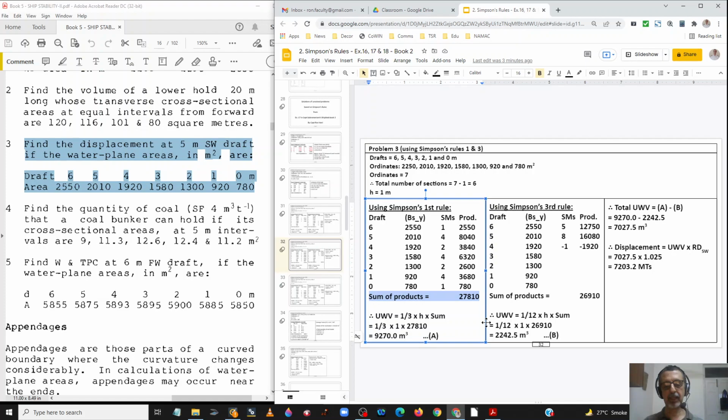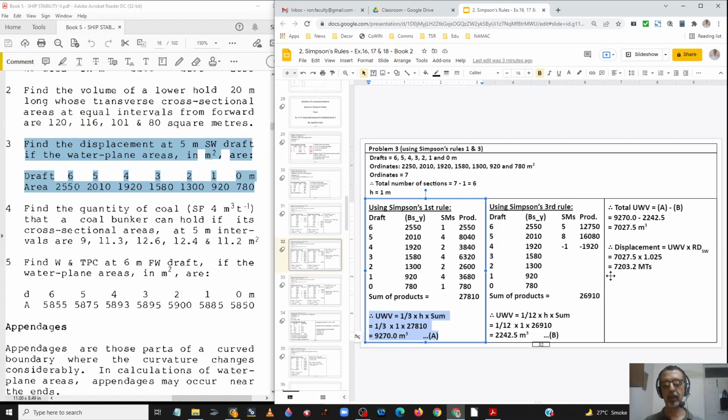Therefore, the underwater volume basis Simpson's first rule is 1 upon 3 into H into the sum of the products, and when we substitute the values for H and the sum of products, we get that equal to 9270.0 cubic meters, and that I'm going to call A.